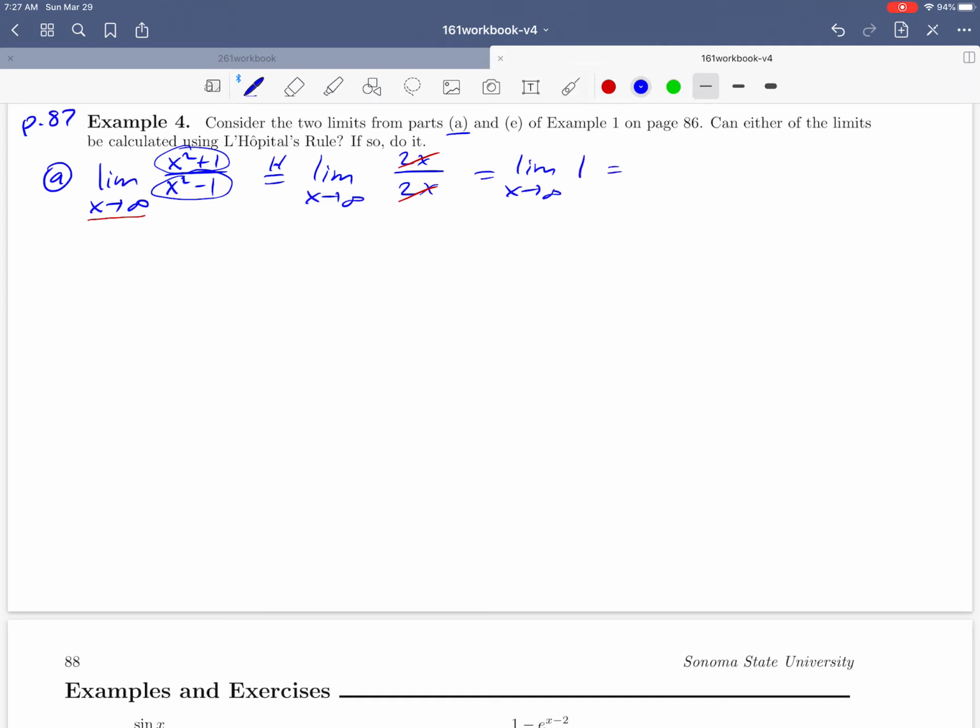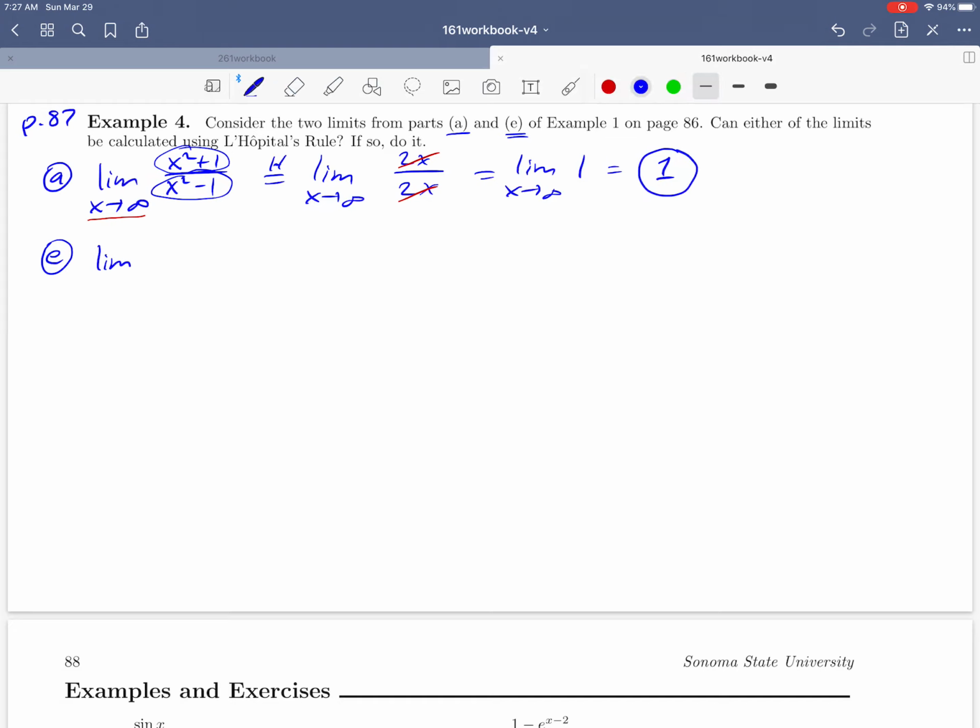After we take those derivatives, we get cancellation, and we're just taking the limit as x goes to infinity of 1. There are no x's left, so we just get 1 out of that limit. That confirms the answer that we got back on page 86. So we were able to use L'Hopital's rule for part A.